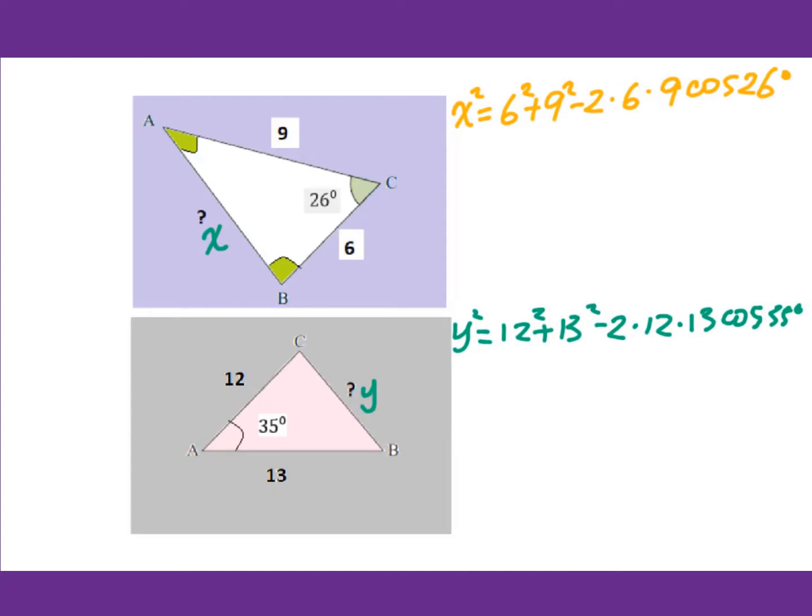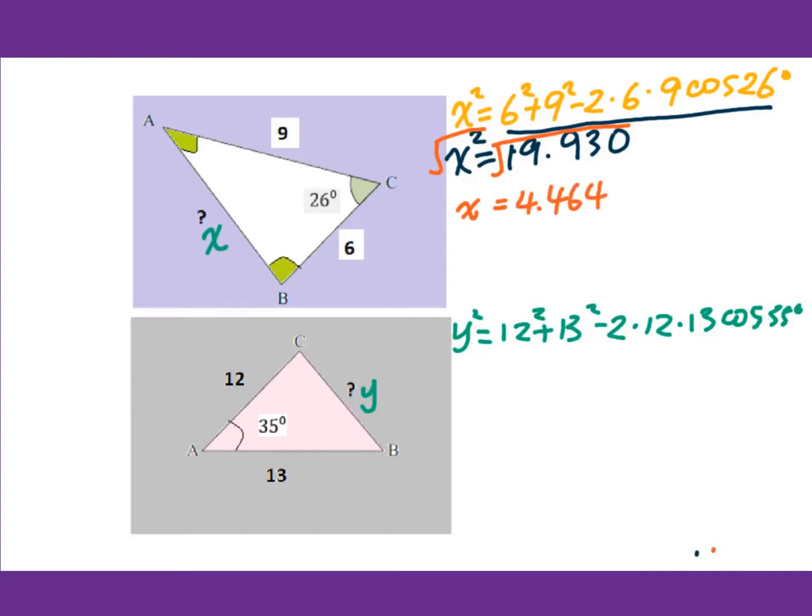Then we need to figure out the real values. For this x squared, we put all this into the calculator. Make sure for mode, you put it into degrees. Then we need to take the square root of both sides. X equals, the answer is 4.464.